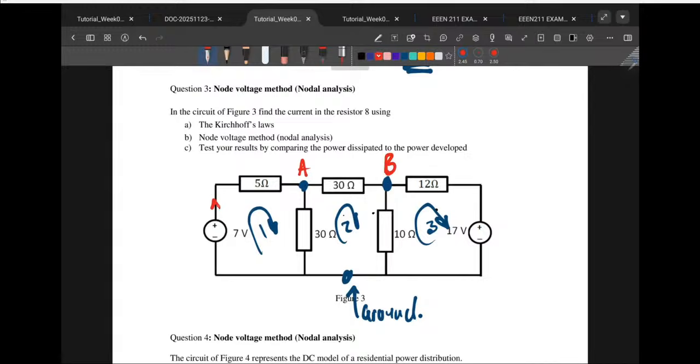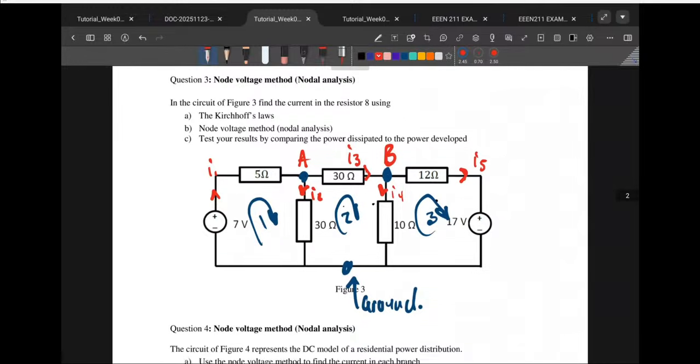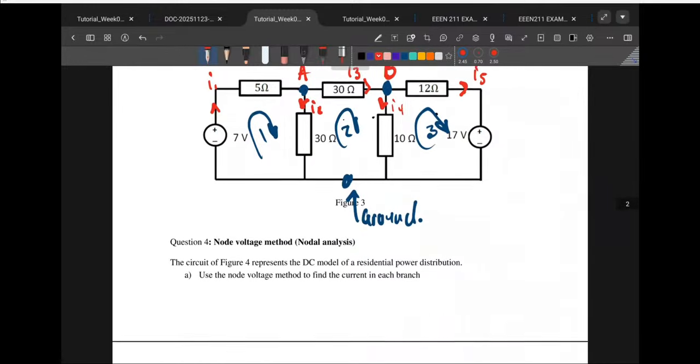If you want to call this I1, then this I2, then here I3, whatever. Then after this, we are going to have I4 and another one which you can call I5. So you'll be having the currents, and now you can start to add them and create it in the meshes. And you have your 6 equations. I know you can do that.